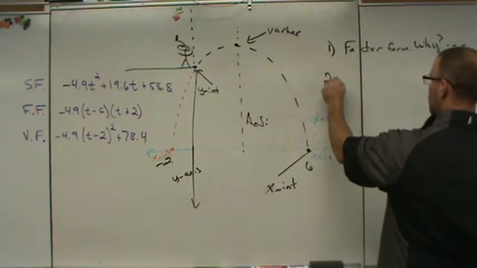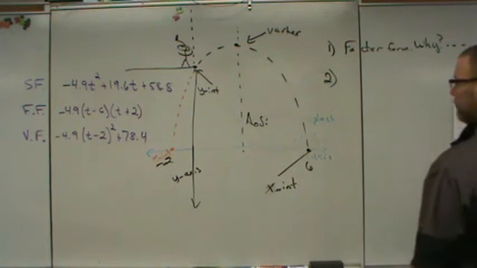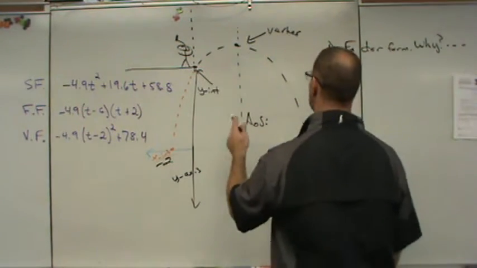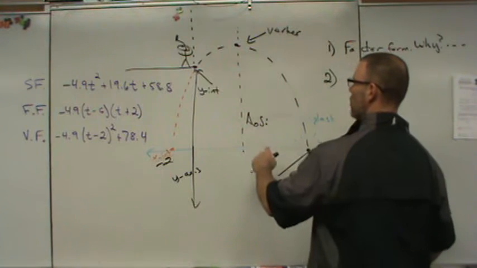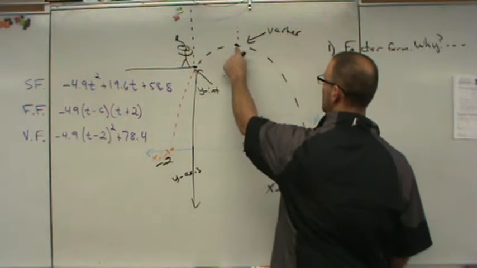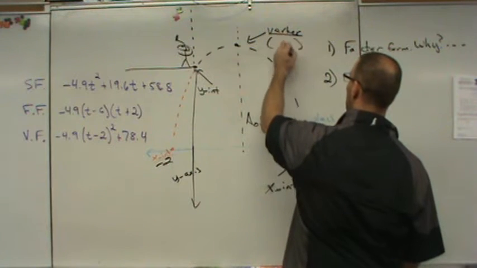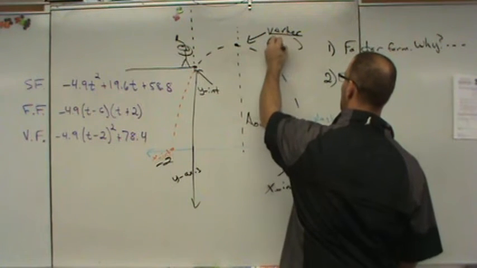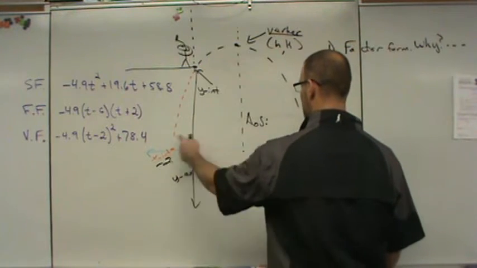Question number two, which form is best for determining the height of the ball? Well, the maximum height of the ball, I should say. It says maximum height. Well, where's the highest point of where the ball is? It should be right up here. That would be the vertex. The vertex is also known as h and k. The h value tells me right or left.